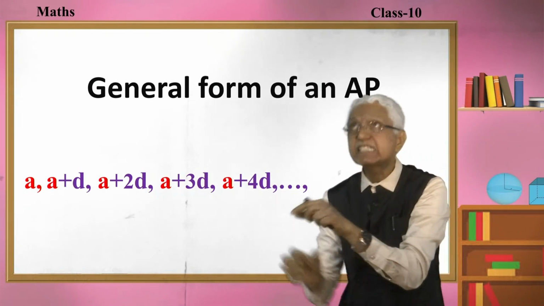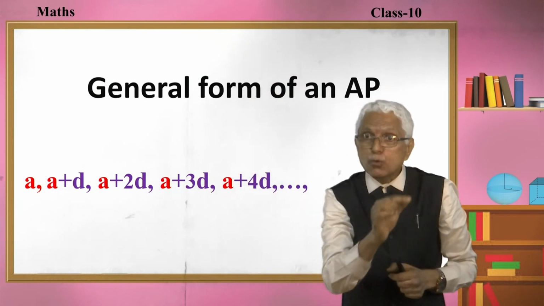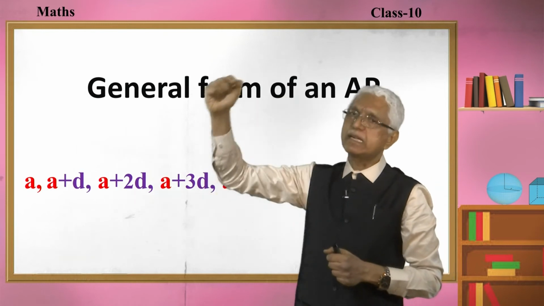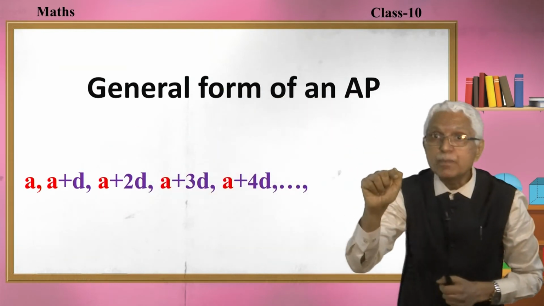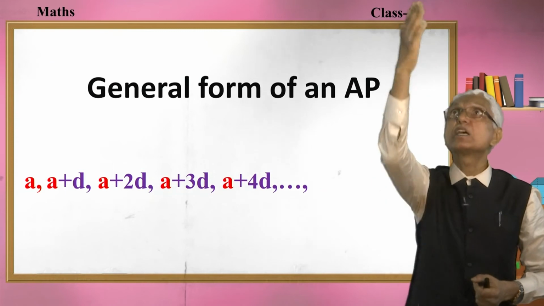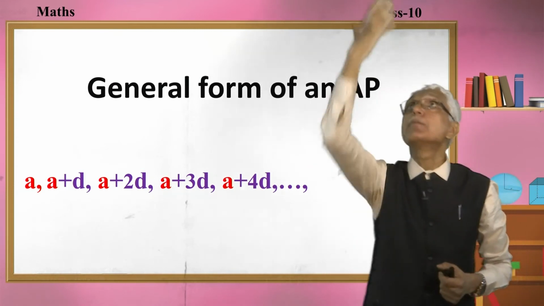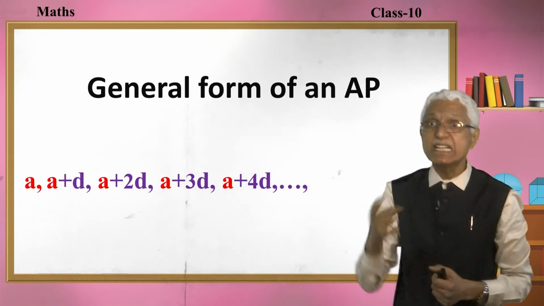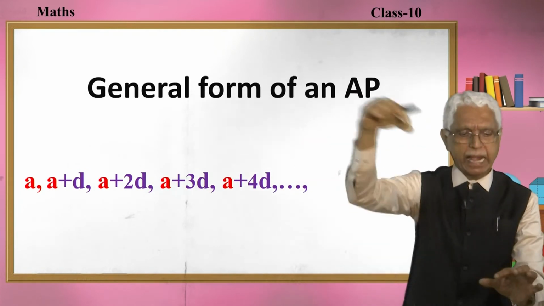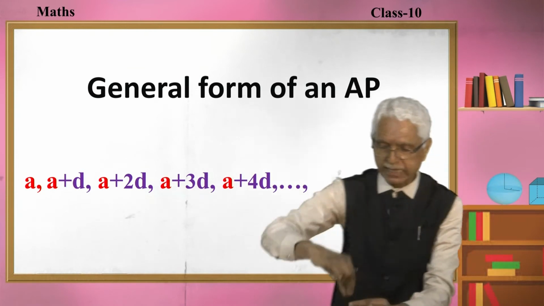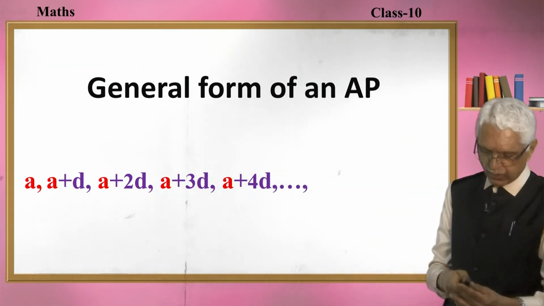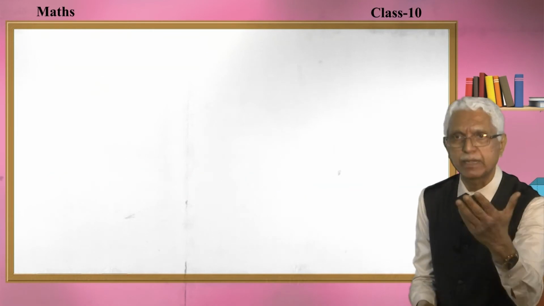How will you get the next term? Add plus D. You go on adding the common difference and you continue to get a series of numbers which will be in AP. Correct? 2 plus 3, 5 plus 3, 8 plus 3, 11 plus 3, 14. That was a particular example. In general, first term is A. Add the difference D, A plus D, add the difference D, A plus 2D, and so on. So, this is the general form of an arithmetic progression.